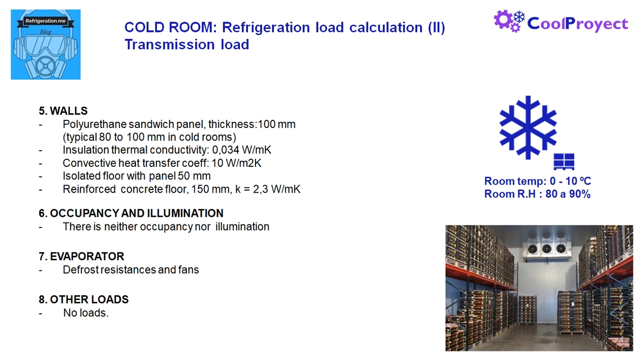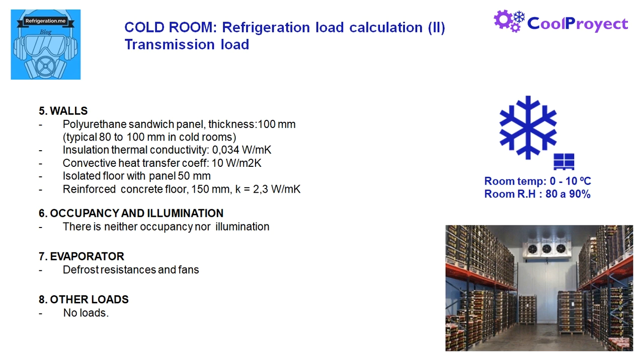We have the thermal conductivity of the panel and we use a convective heat transfer coefficient of about 10 watts per square meter and Kelvin. This convective coefficient takes into account the effect of air velocity inside and outside the room. Regarding the floor, it's normal to use a reinforced concrete floor, which must be insulated, typically with 50 mm expanded polystyrene panel.